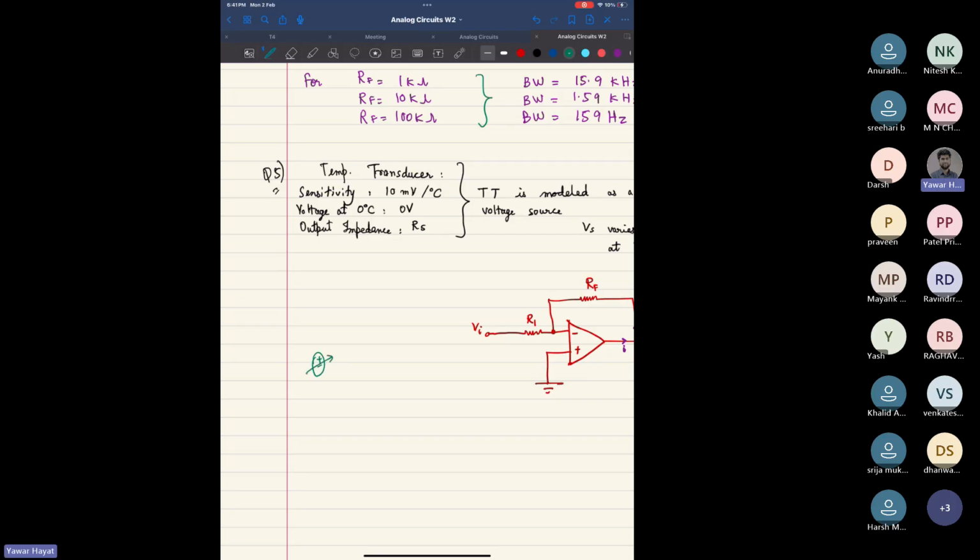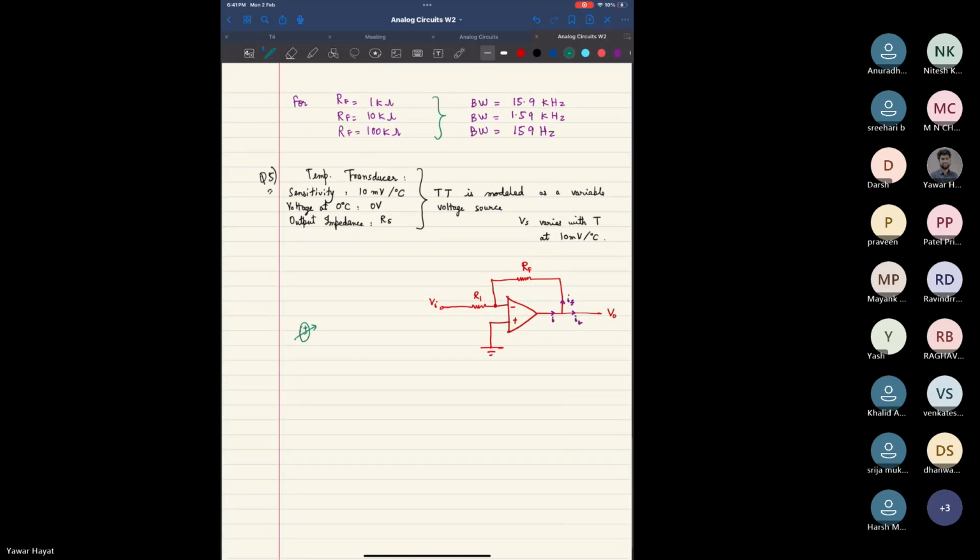This is my temperature transducer that is modeled as a variable voltage source, VS. And suppose that VS is 10 millivolts per degree Celsius. At 0 degree Celsius, VS is equal to 0 volt.